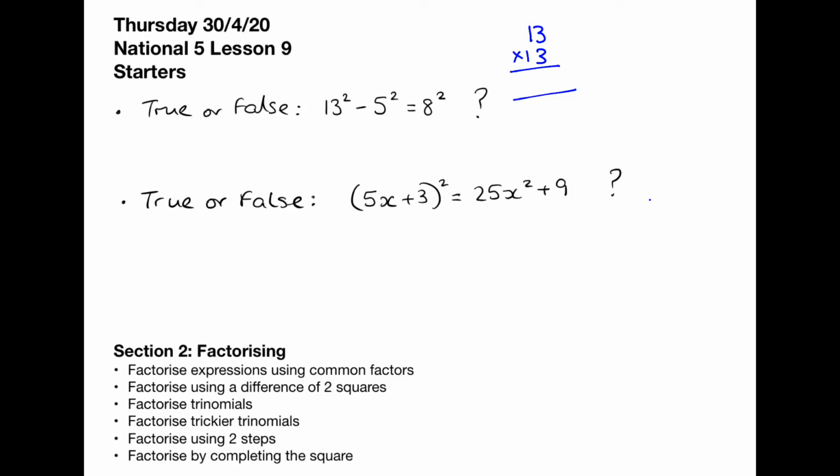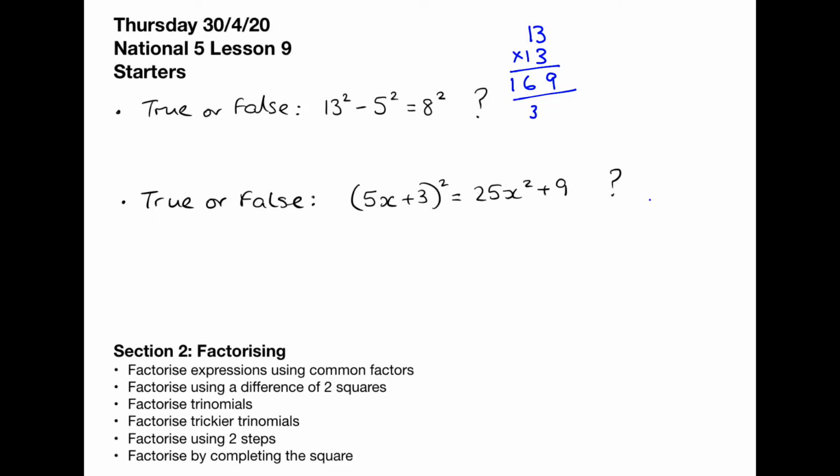You don't need to do it as long multiplication, because 3 times 13 is 39. You can work that one out fairly easily, I think. And then you've got 1 times 13 is 13. Add the 3, makes 16. So 13 squared is 169.